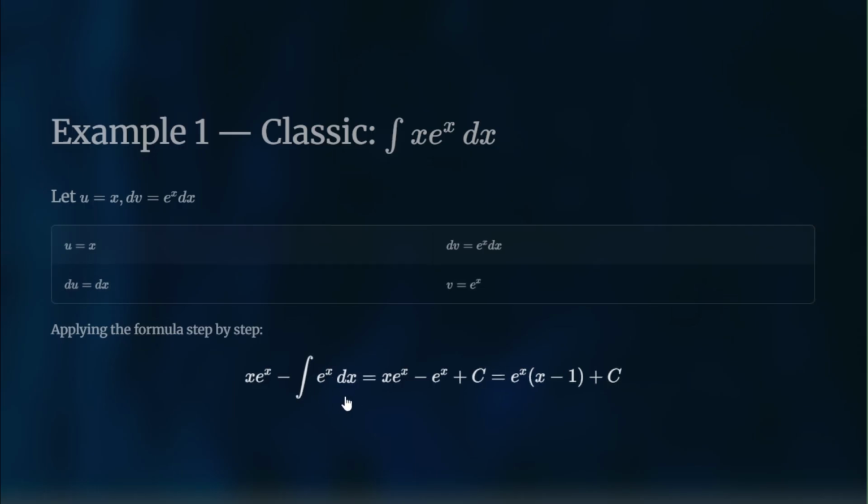So we can rewrite the first part, x e to the power x, minus the antiderivative of e to the power x with respect to x, which is e to the power x, and then plus c. Never forget the constant of integration. We can simplify this answer by factoring out e to the power x, so that will become e to the power x times x minus 1, plus c.